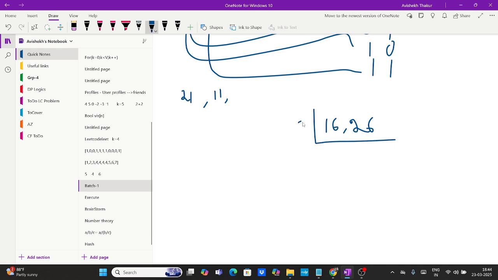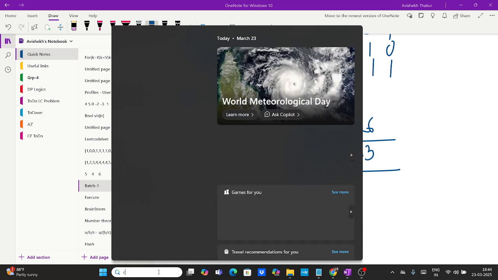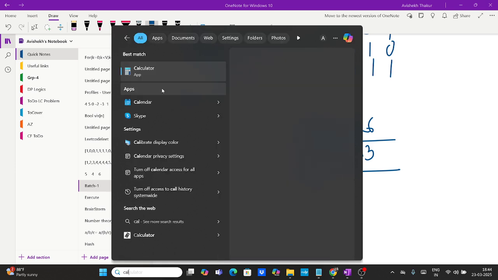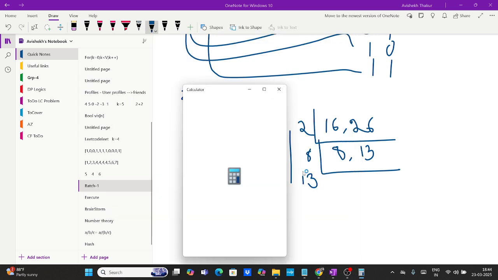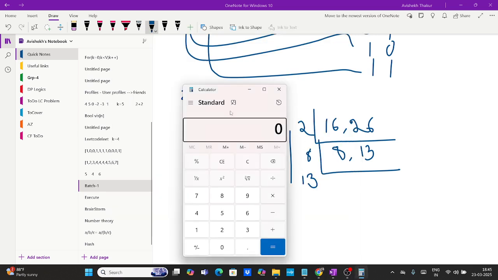So divide by 2: 2 8s are 16, 13. 13 8s are 104, and 2 times that is 208.